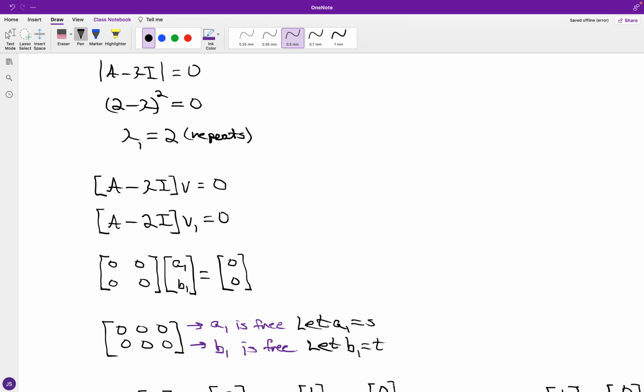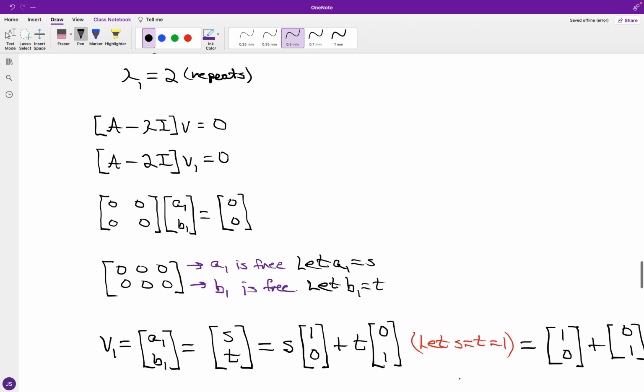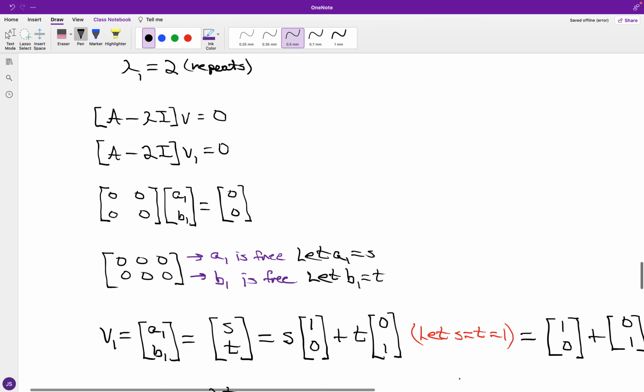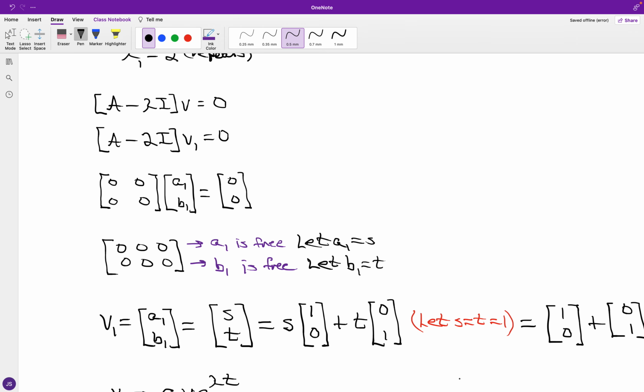We'll say that a sub 1 is equal to s, while b sub 1 is equal to t. So v sub 1 is equal to a sub 1 over b sub 1, with a sub 1 at s and b sub 1 at t, and branching out, we have s times the matrix 1, 0 plus t times the matrix consisting of 0 and 1.